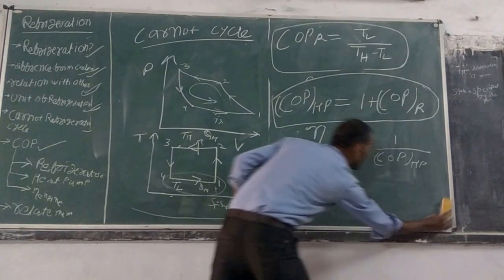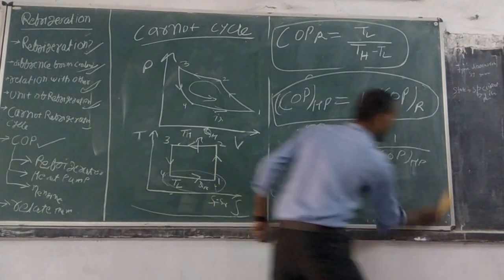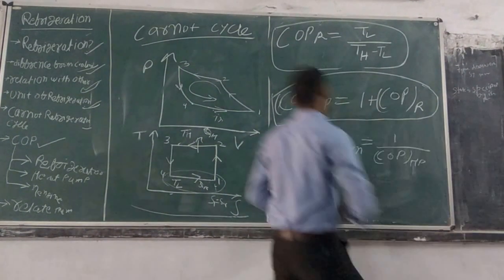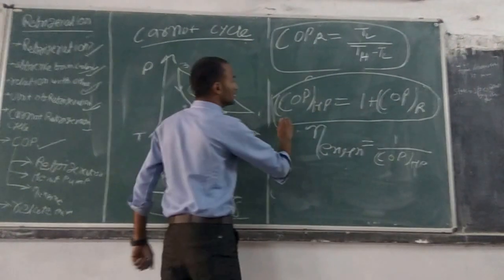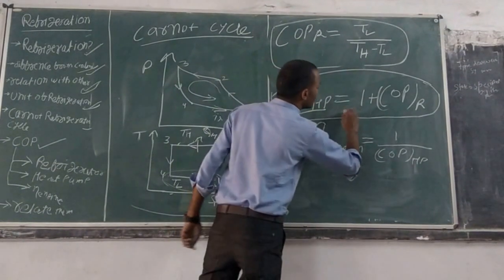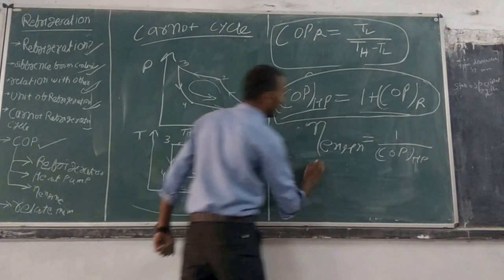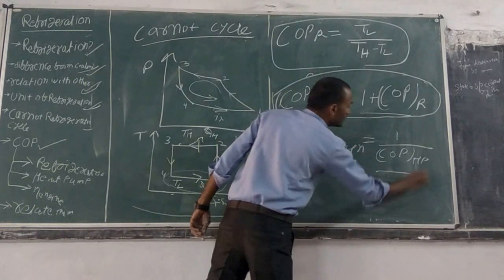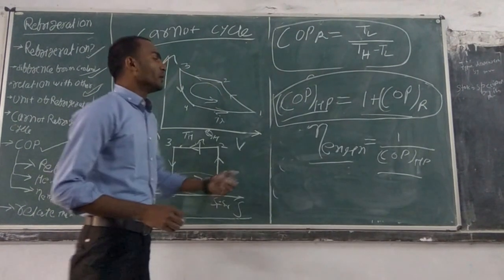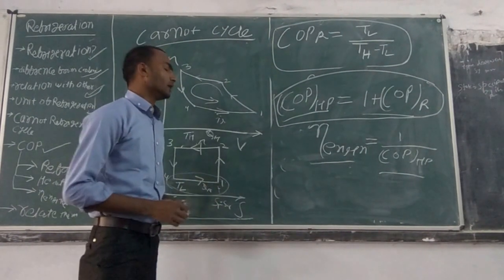So from here we related that COP of heat pump is equal to 1 plus COP of refrigeration, and the efficiency of engine is equal to 1 by COP of heat pump.